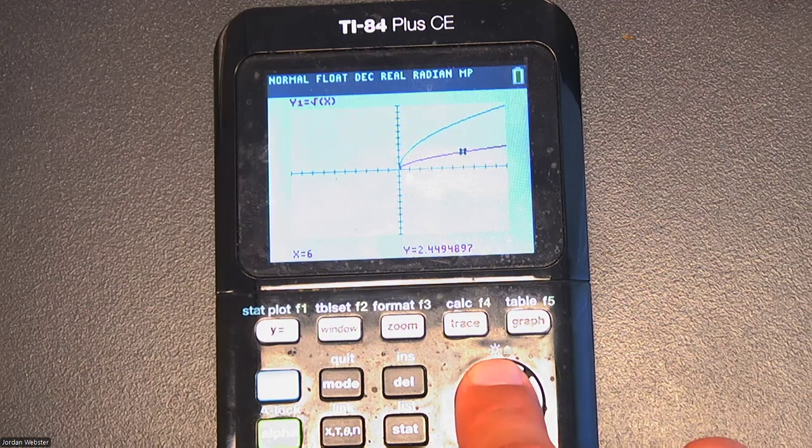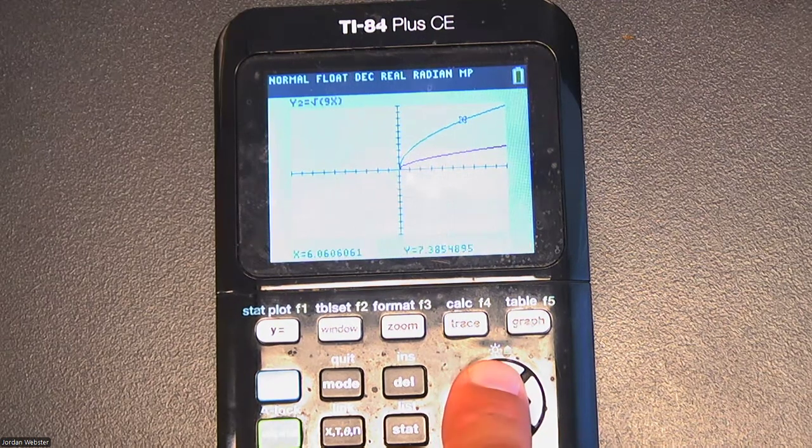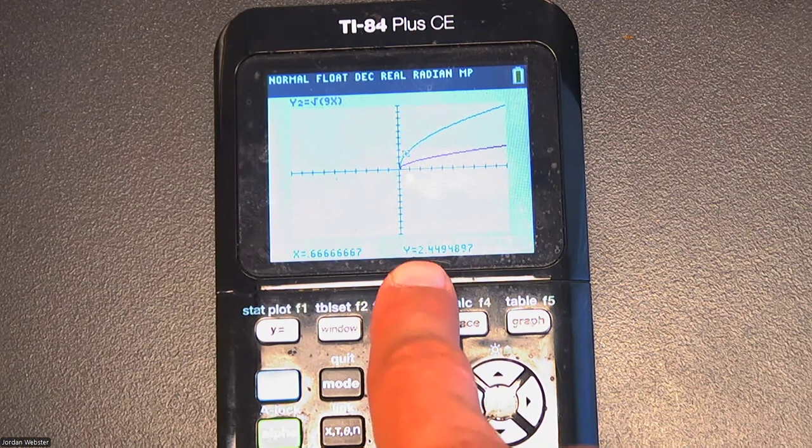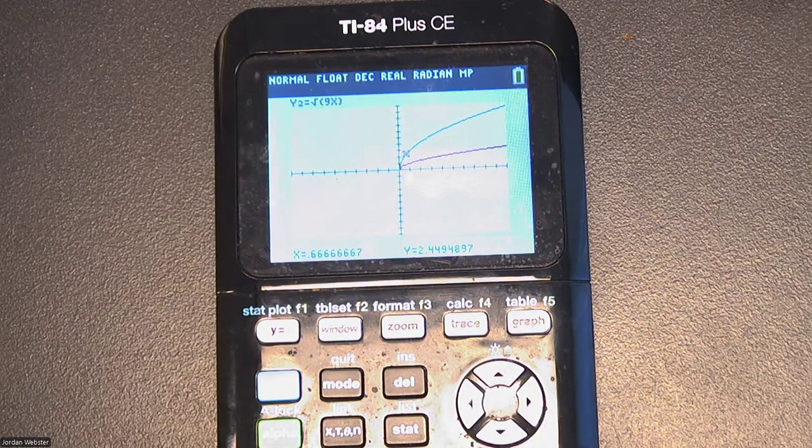On the other one, I can change that by just hitting the up arrow and typing in 6/9, and I get that exact same output value. So whatever we type in on my original, type in that over 9, and you get the same output on the one that's been shifted.